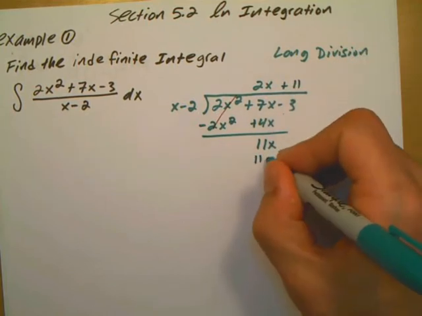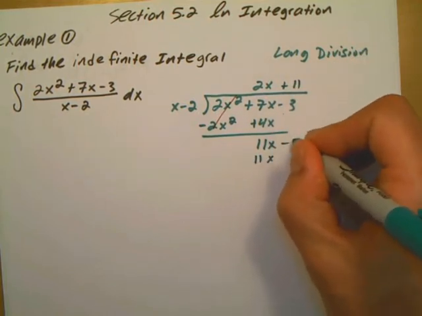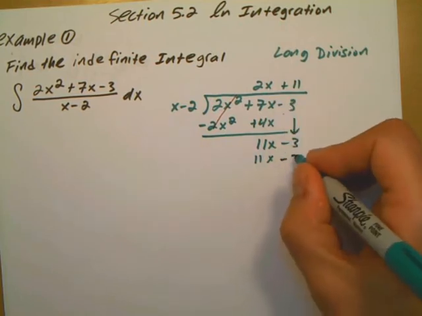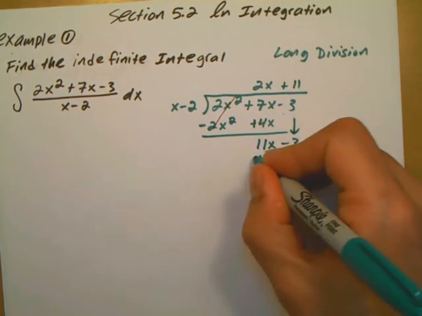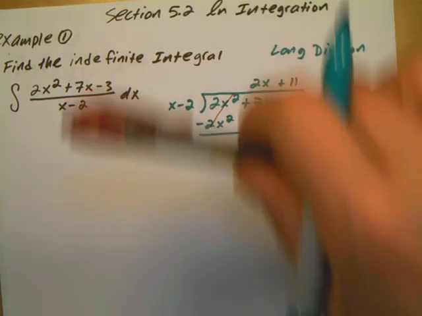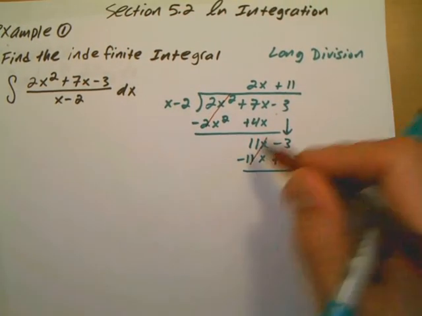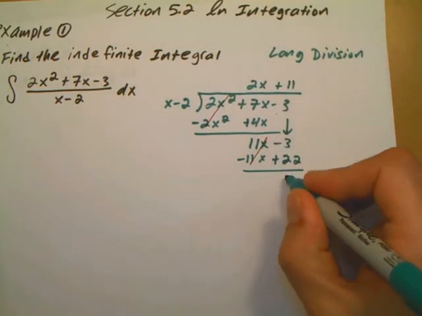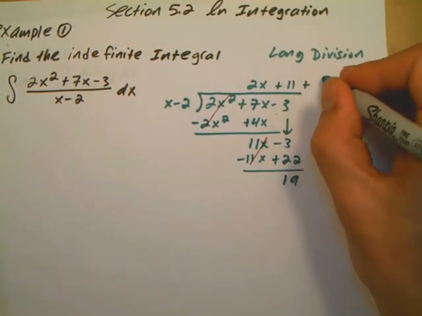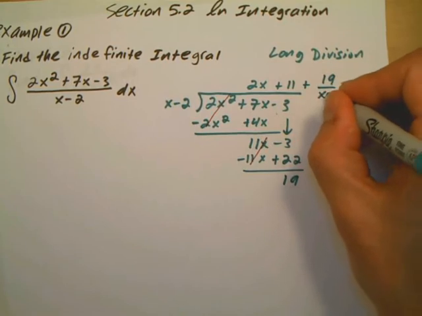This will be 11x. I forgot to bring down the minus 3. Oops. This is going to be minus 22. Subtract, which means switch the signs. This crosses off. This is going to be 19. So it's going to be plus 19 over x minus 2.